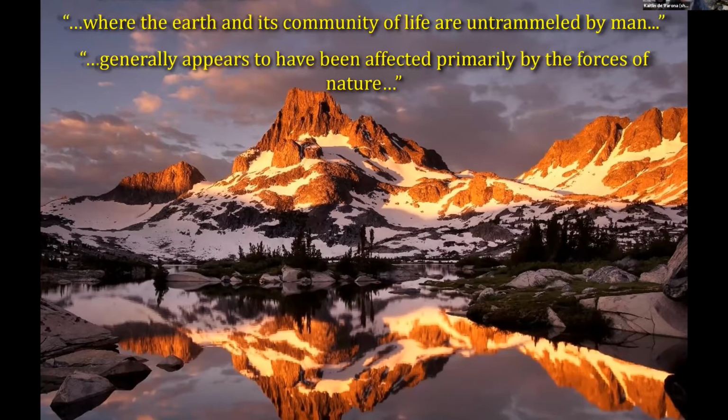And untrammeled is kind of this old word. It's a unique word that isn't present in any other land management law. And so it's unique for wilderness and the National Wilderness Preservation System. Some synonyms to it are unhindered, unmanipulated, wild.